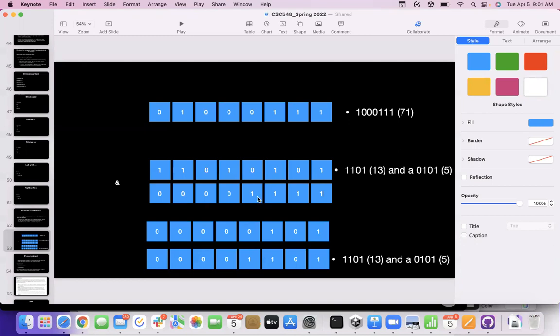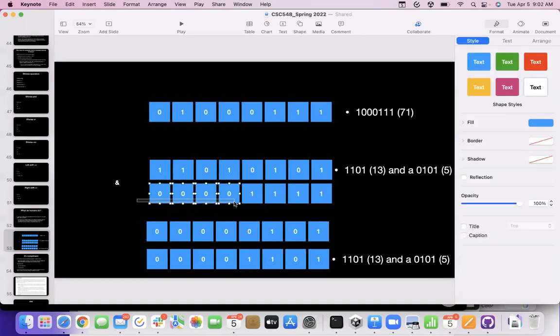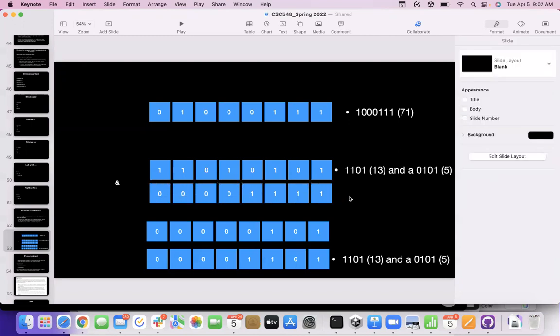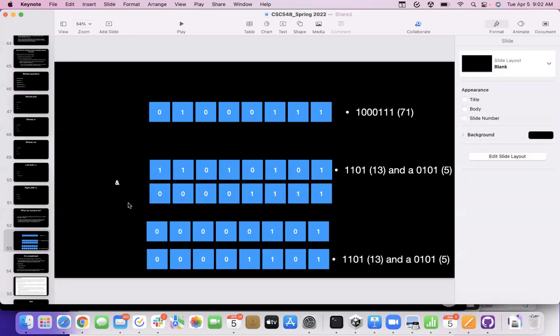So if I want to extract just my 4 right bits, I can do a bitwise AND, give it zeros where I want to zero it out and ones where I want to keep the value. This is called a mask. So I'm taking this number and I'm masking it by this seemingly arbitrary thing.